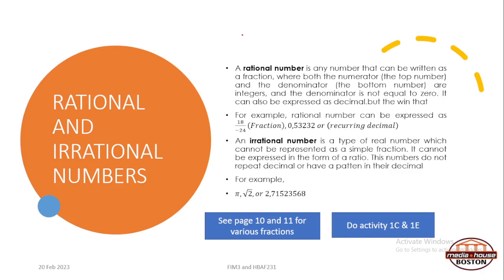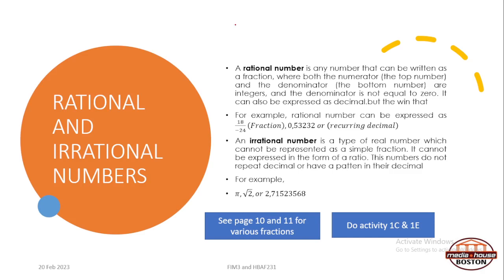And any number divided by 1 is that number, so it becomes a whole number. Rational numbers can be expressed as a fraction where the integers are positive or negative, or both positive or both negative. And in decimal form, it will be a recurring decimal.